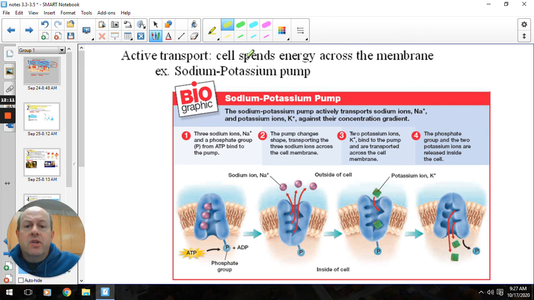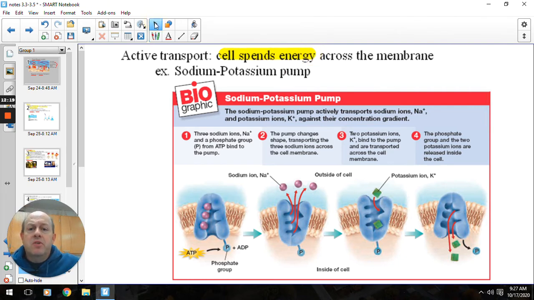Now, active transport is going to be when the cell has to spend energy. There are different reasons the cell might want to spend energy. That could be to pump against the concentration gradient, like paddling upstream in a kayak or canoe.